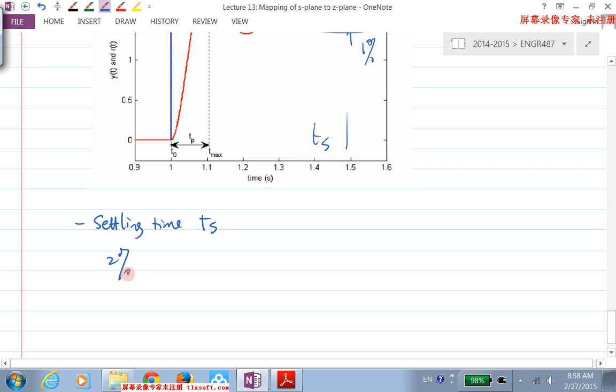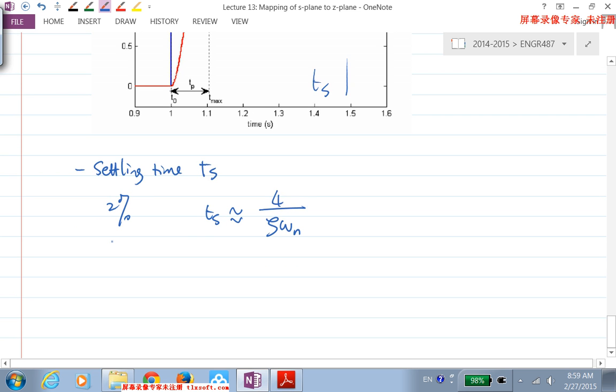If that's what you want, your settling time TS is related to your zeta and omega n by this relationship approximately, for a second order system: 4 over zeta omega n.